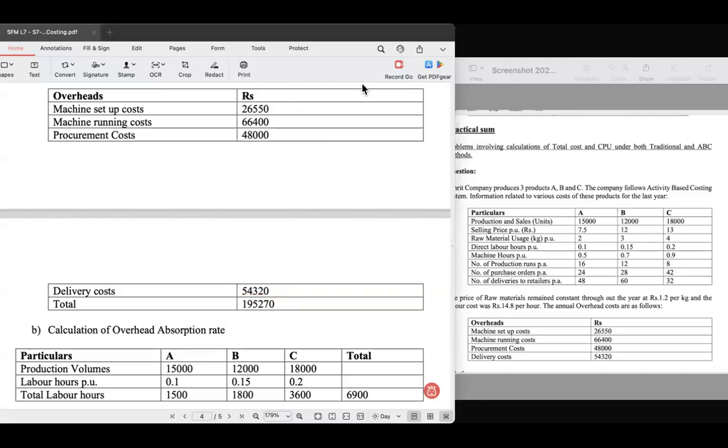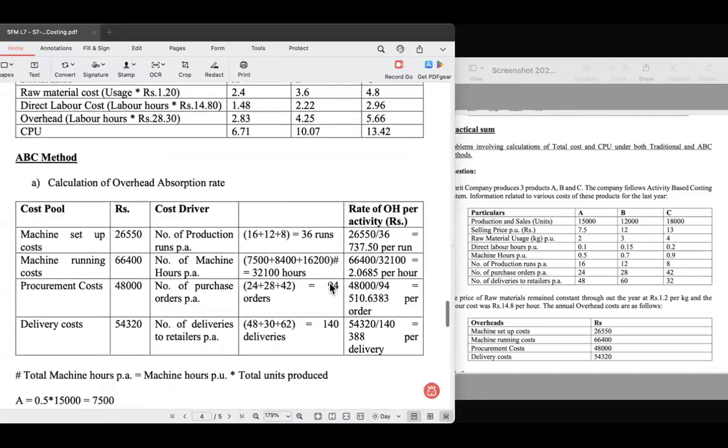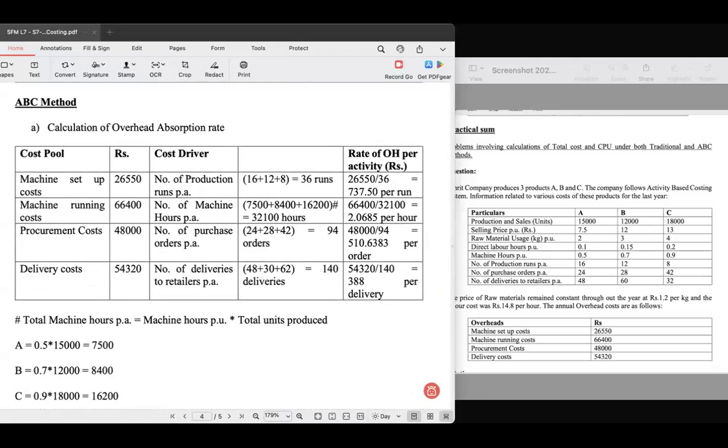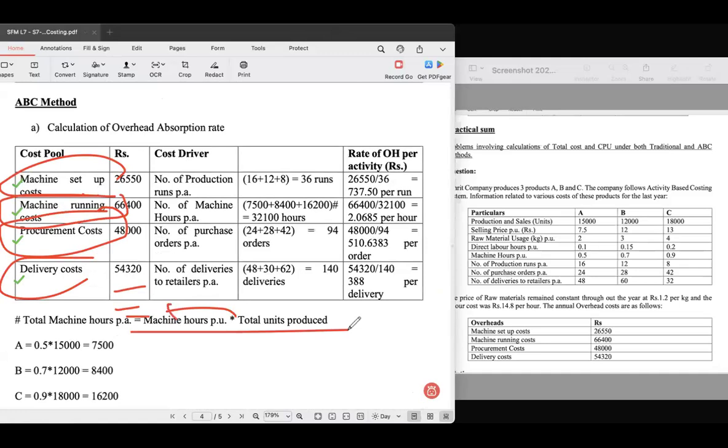Now, how about ABC? Look into this example. We treated each overhead as a separate cost. So we have to find the OAR for each of these overheads. In traditional, they totaled, used one cost driver and got the OAR.